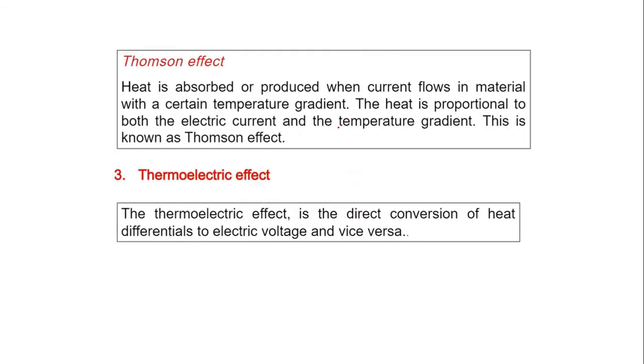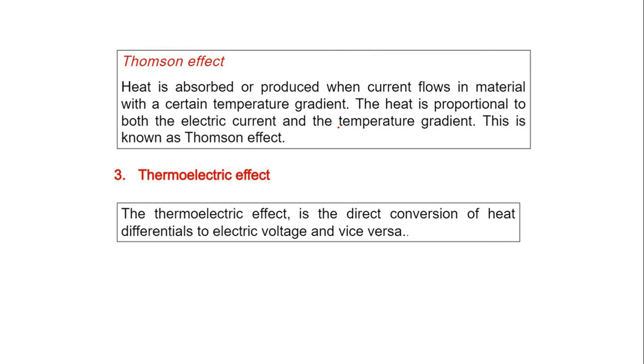Now, Thomson effect. Thomson effect states that heat is absorbed or produced when current flows in the material with a certain temperature gradient. At a certain temperature gradient, current also flows in the metal, then heat is absorbed and produced.